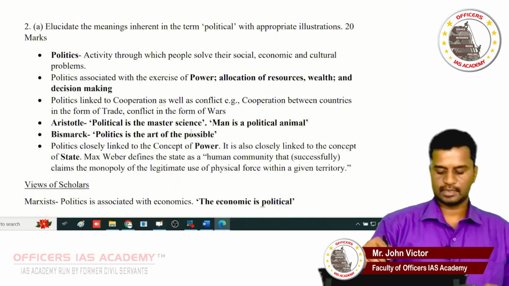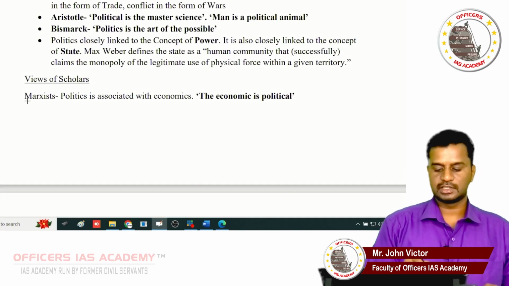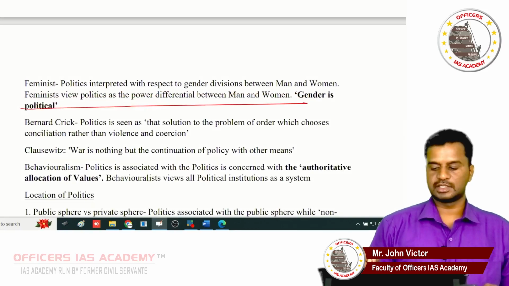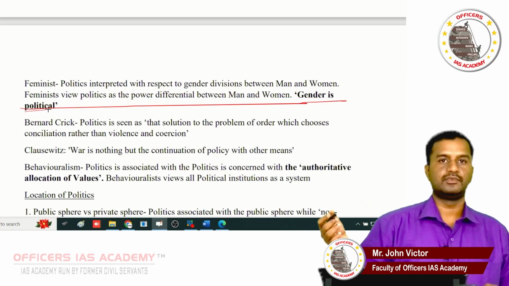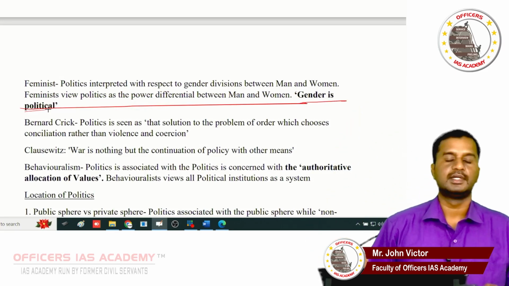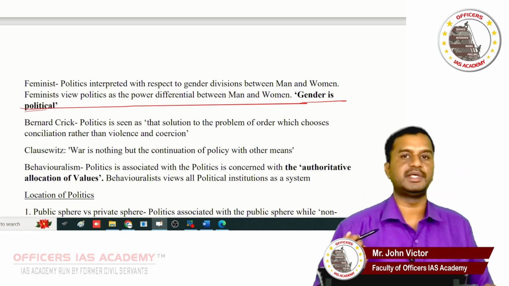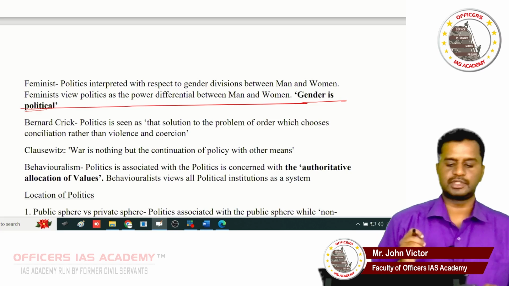diversified as possible. According to Marxists, economic is political. According to feminists, gender is political. View of Marxist, view of feminist. According to liberals, political is based on the freedom of the individual.